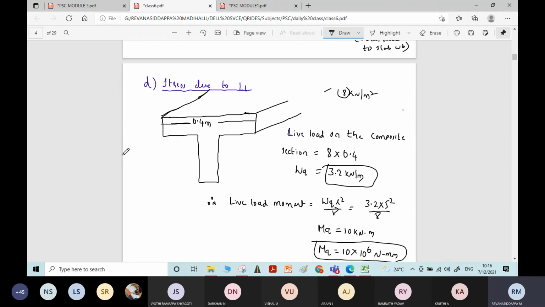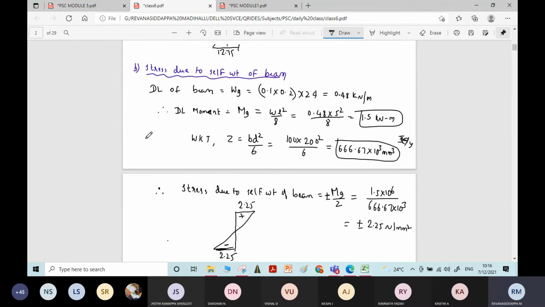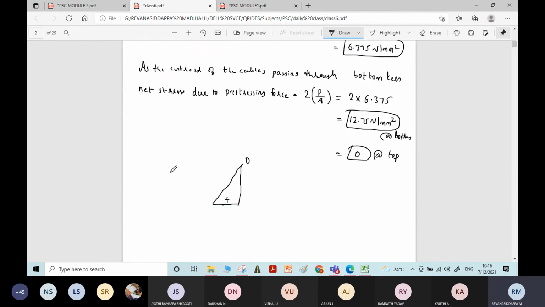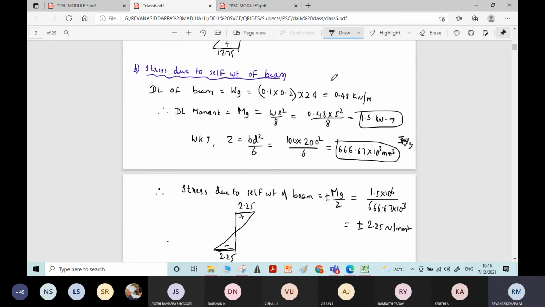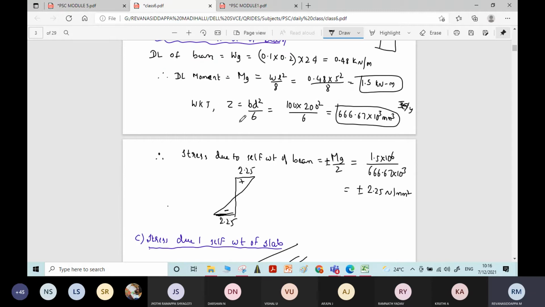not with respect to the rectangular section. See, in the first step, in case A, for pre-stressing force, you leave it. While finding the stresses due to self-weight of the beam, only the cross section of the rectangular element is considered for the section modulus.